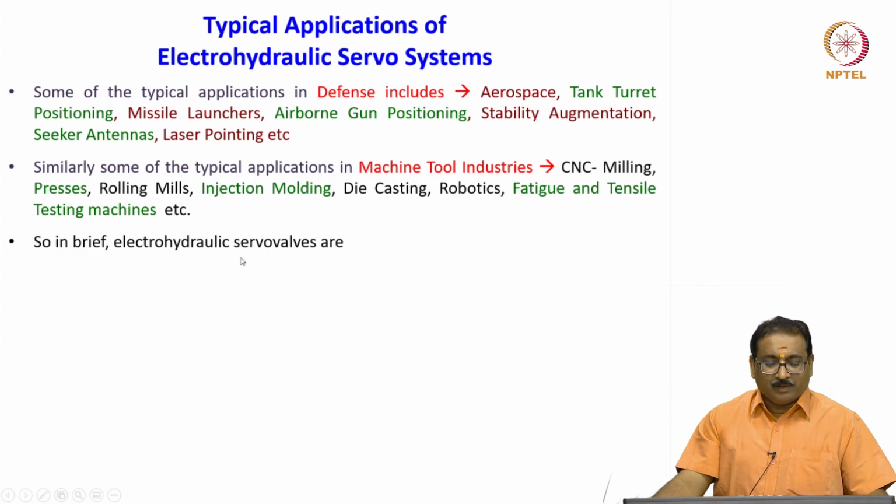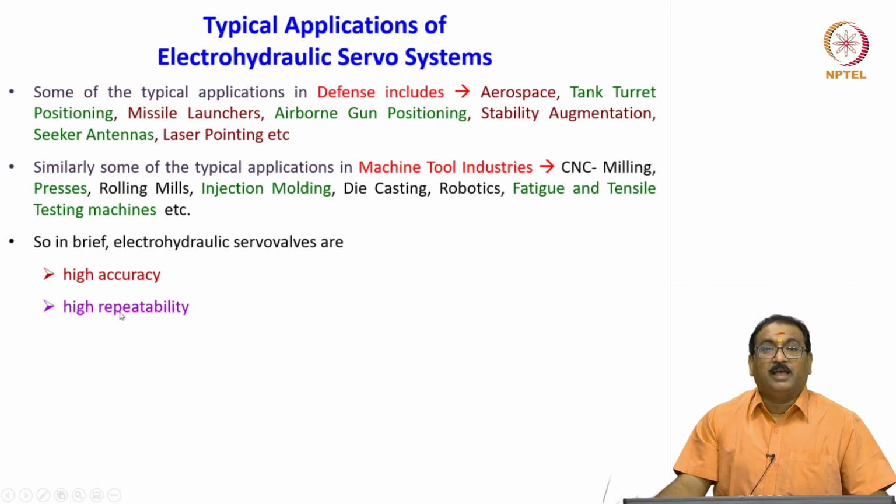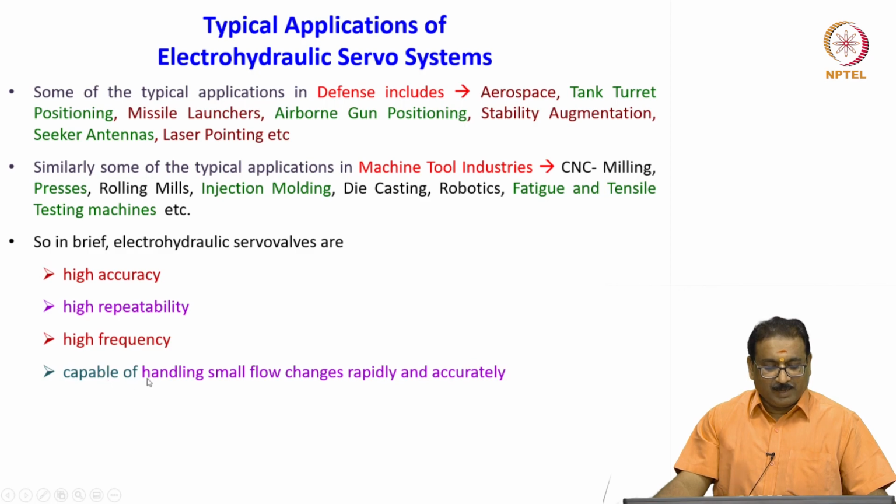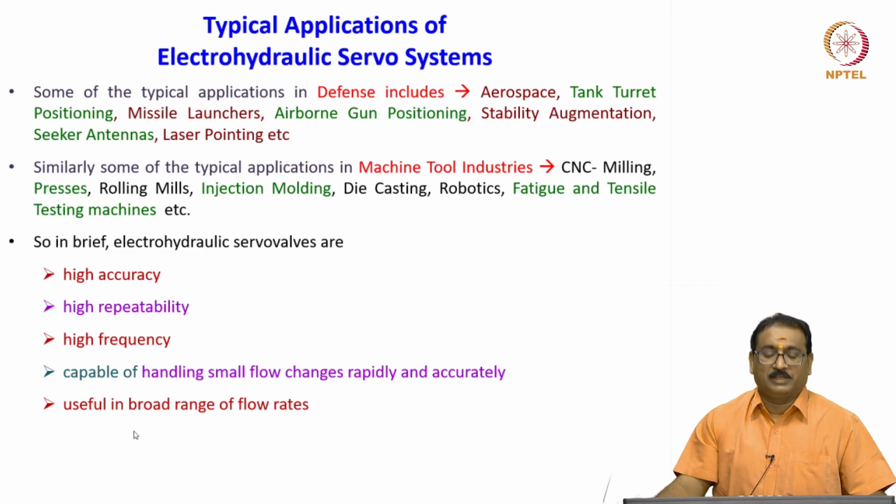So, in brief, electro-hydraulic servo valves are high accuracy, high repeatability, high frequency, capable of handling small flow changes rapidly and accurately, useful in a broad range of flow rates, use system feedback, and they are expensive.